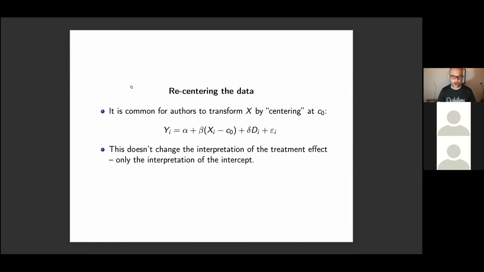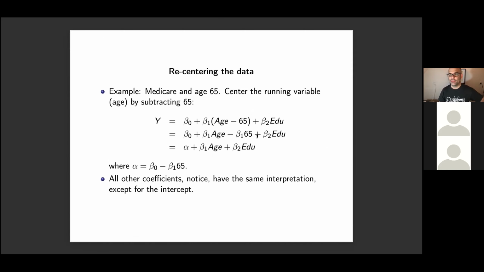Now, it's very common for authors to transform the data by centering at C0. What you'll typically do is subtract from the X variable the value of the cutoff, and then you'll run your estimation off that. Now, it has no real effect on the interpretation of the coefficient when you do that. So we'll go Y regressed onto age. You could have had here Y equal beta 0 plus beta 1 age plus beta 2 edu.